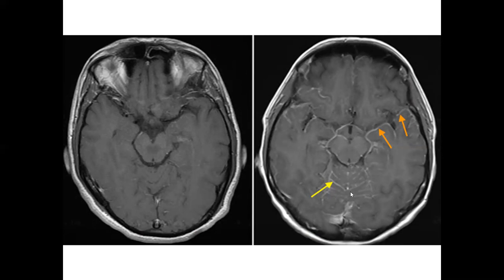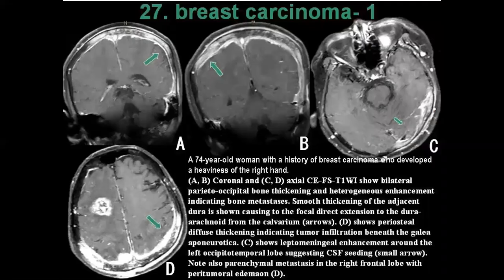This type of enhancement is definitely carcinomatous meningitis, mostly seen in breast and lung cancer. This is not normal, this is abnormal. Remember, dura only enhances intermittently, but pia-arachnoid mater does not enhance. If there is enhancement like this, you think there is carcinomatous meningitis.